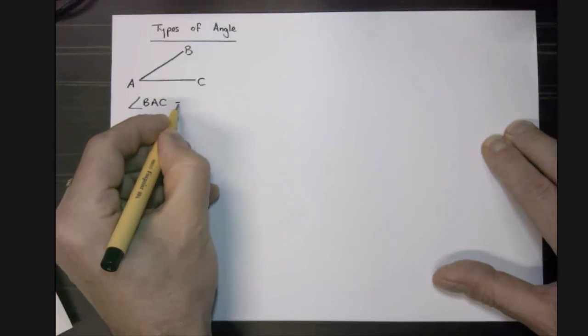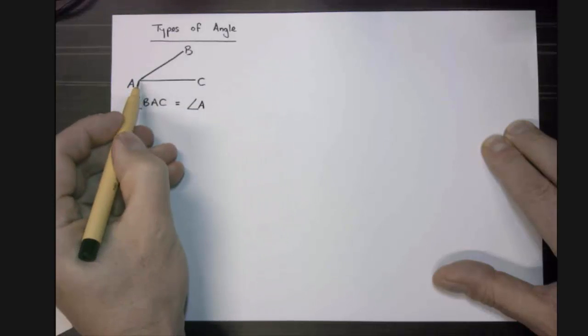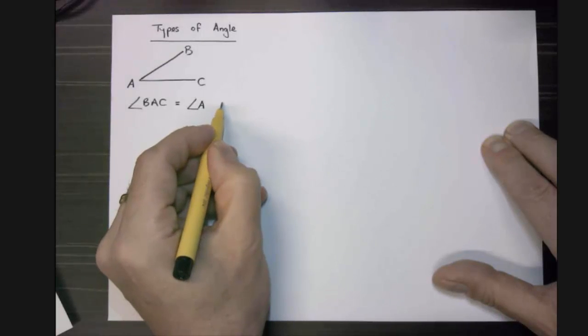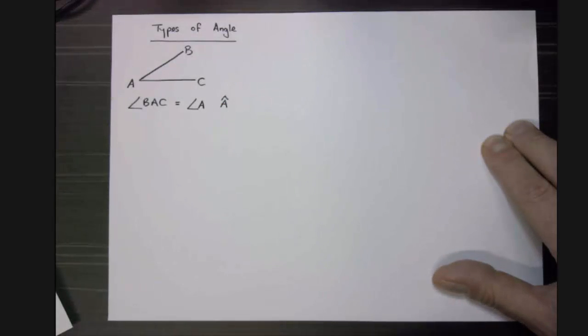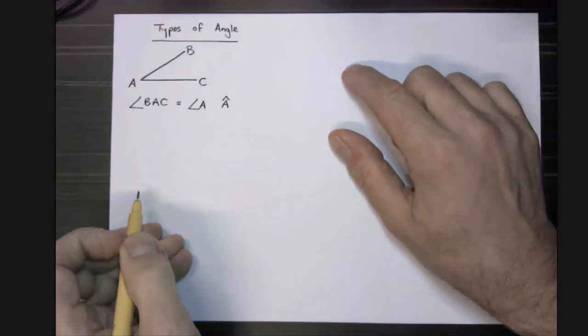Another way of writing the same thing is angle A, because it's obvious that the A is where that one angle is. Another way you might see it in some books is you might see it written as A with a little hat, and that's another way that you can see angles as well. So that's how you name an angle.